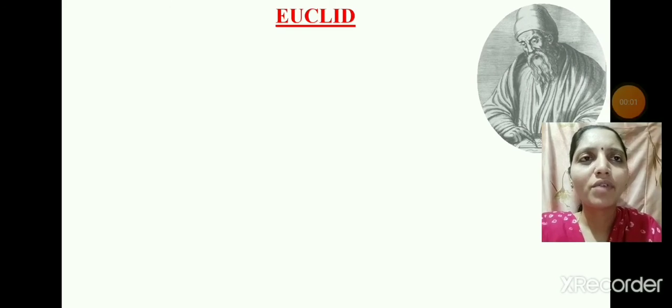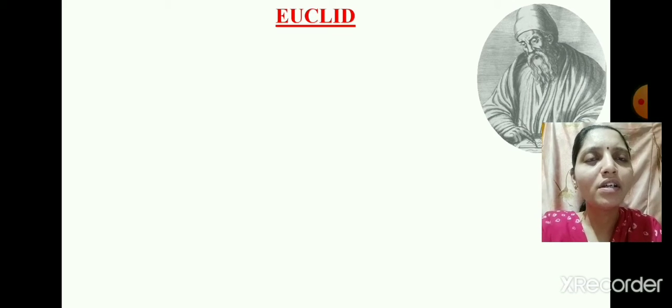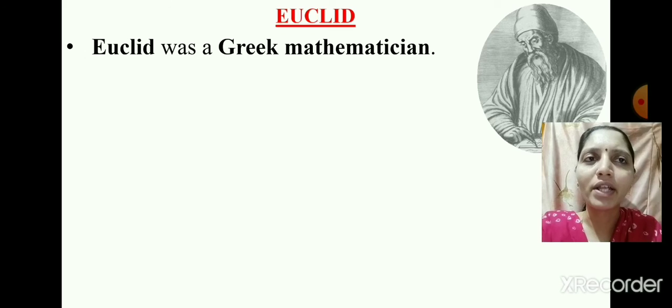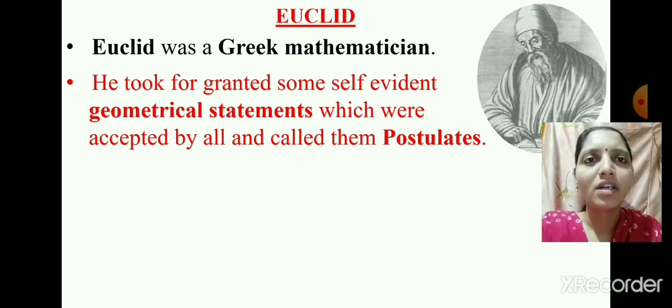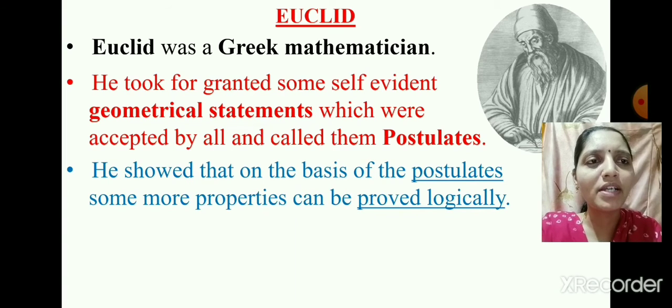After that, we have learned about Euclid. Now who was Euclid? Euclid was a Greek mathematician. He gathered the knowledge of geometry and streamlined it. He also took for granted some self-evident geometrical statements which were accepted by all, and we call them postulates. He also showed that on the basis of these postulates we can prove some more properties logically.